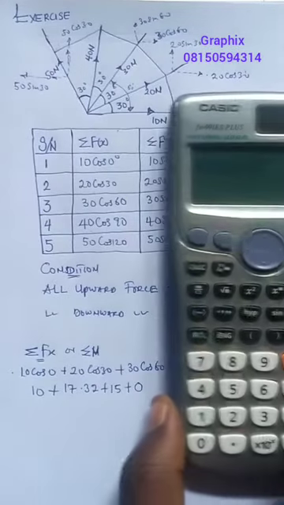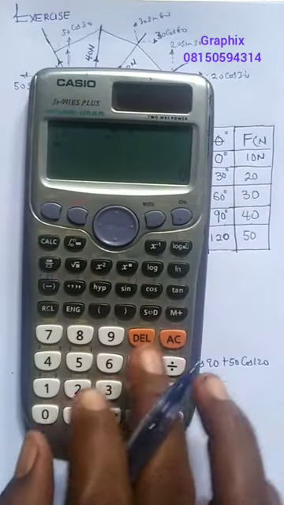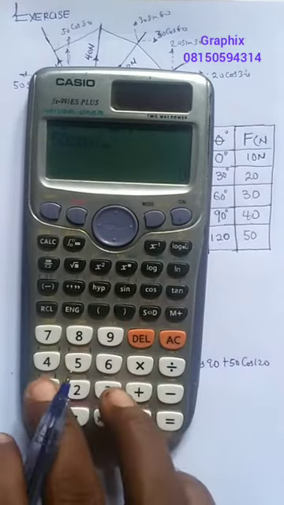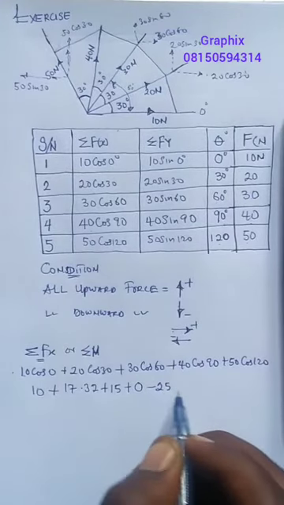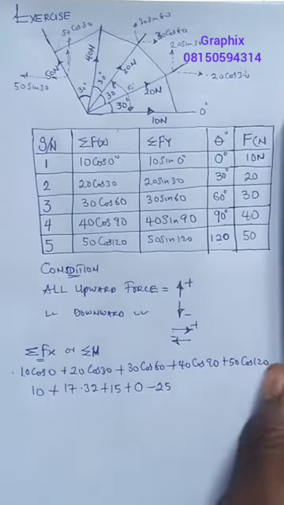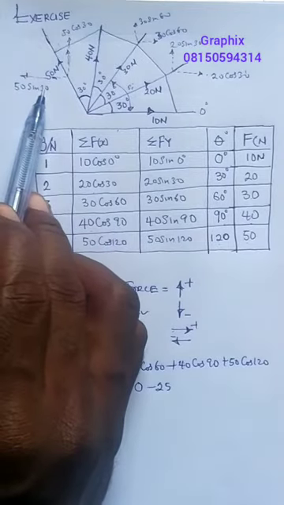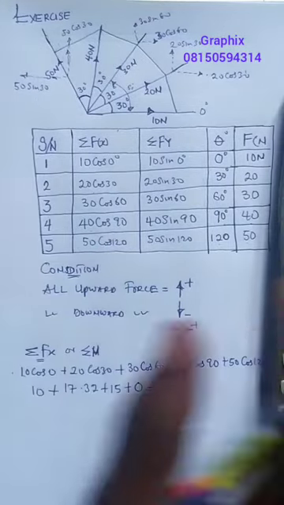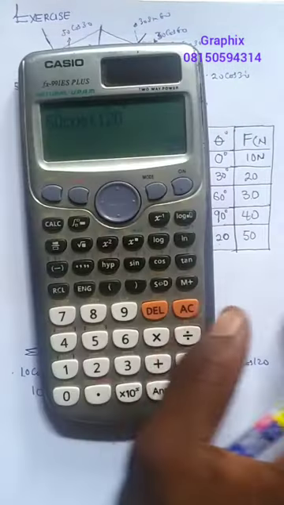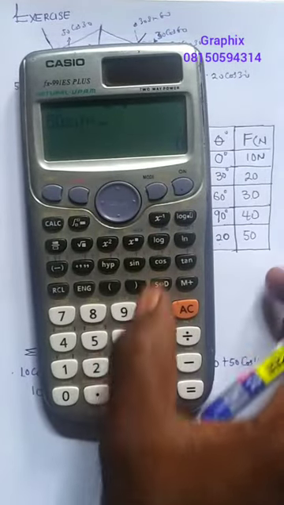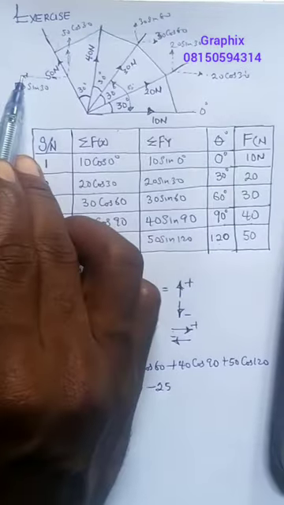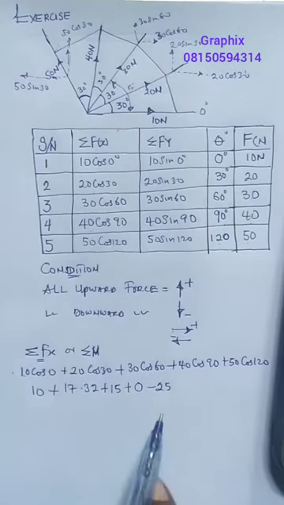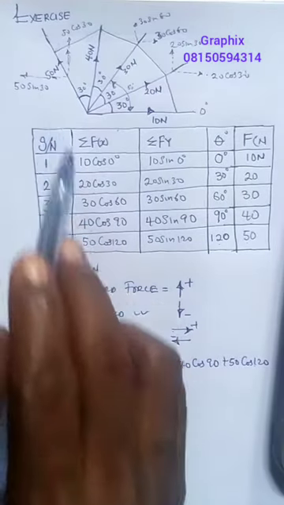Then 50 cos 120 gives us negative 25. Are we good? Still the same thing: we put 50 sine 30, and it gives 25, and this is going to the left, so it is also negative. So we are still getting the same minus 25. Either you use this or that, you're still on track.